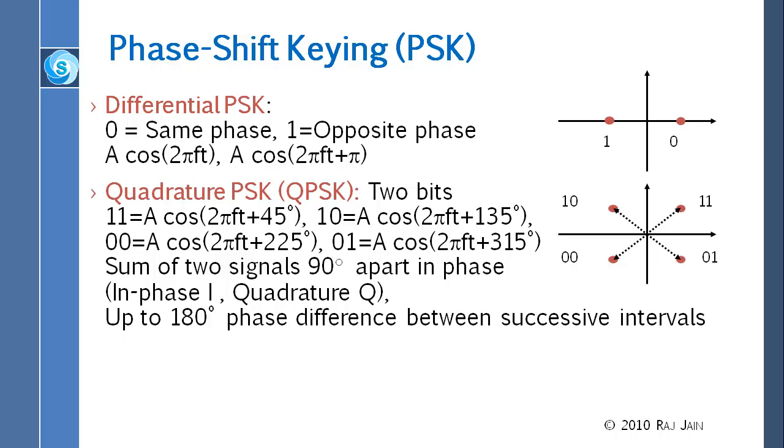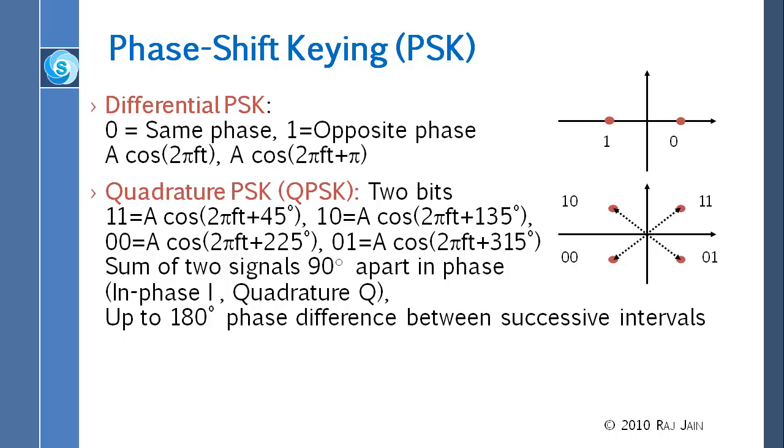And so if we were to draw on a diagram where we plot the phase as an angle, we will plot 0 as this point. 0 means there is an amplitude, but the phase is 0, and this is phase 90 degrees, and this is phase 180 degrees, and this is phase 270 degrees, and so on and so forth. So 180 degrees phase means 1, 0 phase means 0.